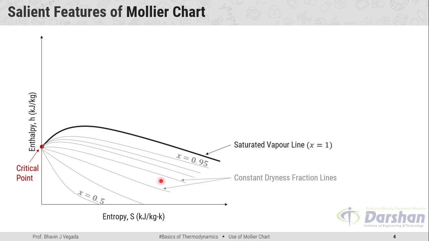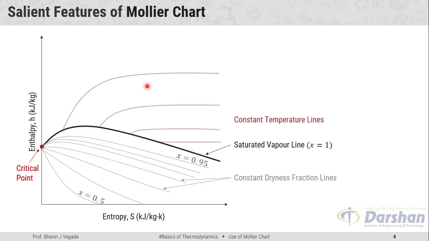For example, the dryness fraction on this saturated vapor line is 1. Then on the next line the dryness fraction is 0.95, then 0.9, 0.85 up to the dryness fraction x equal to 0.5. That means this truncated diagram is used only when the quality of steam is greater than 50% and for superheated steam.